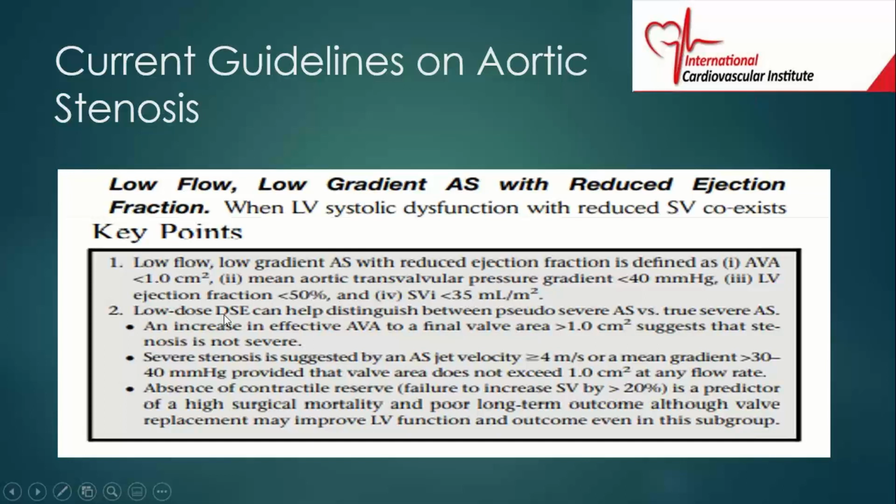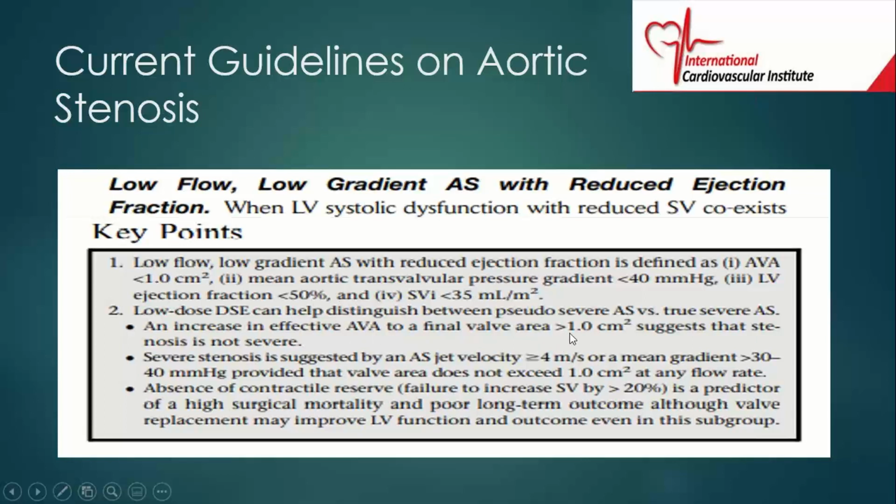You give the low dose dobutamine to help distinguish between your pseudo-severe AS versus true severe AS. And you should know the protocol: 2.5 to 5, and you're going to increase every 3 to 5 minutes. What you're trying to do is see if you're going to get an increase in the effective aortic valve area by increasing contractility.